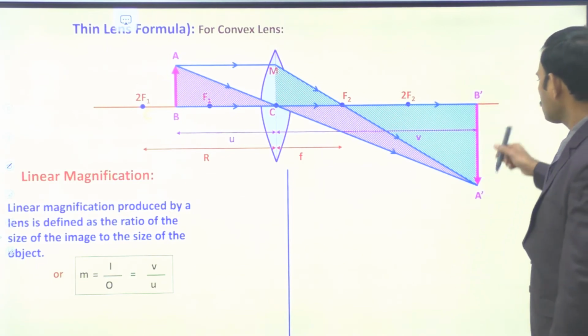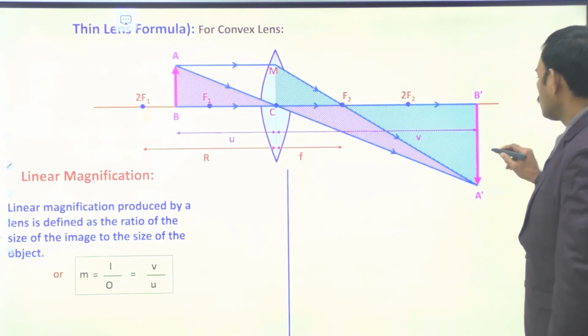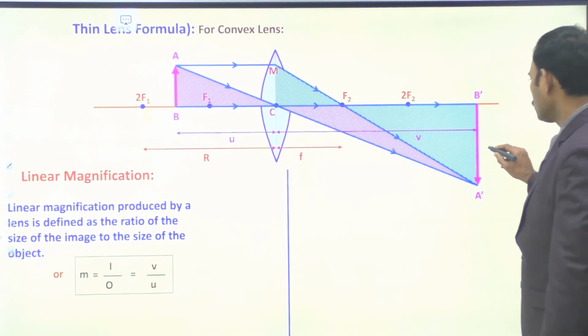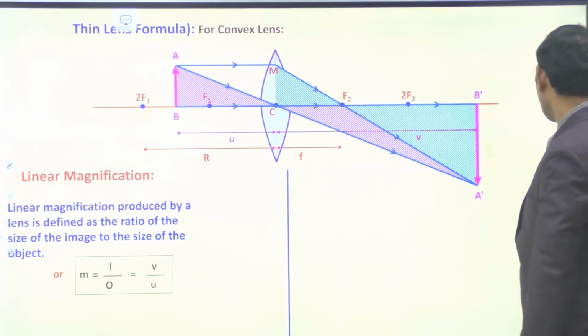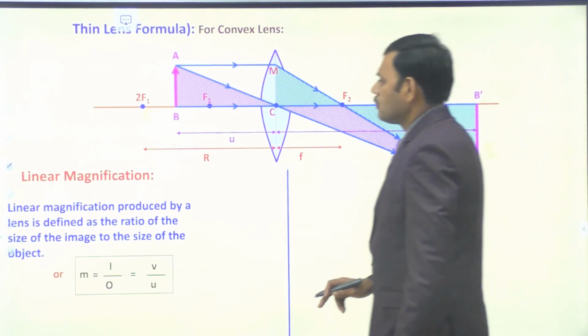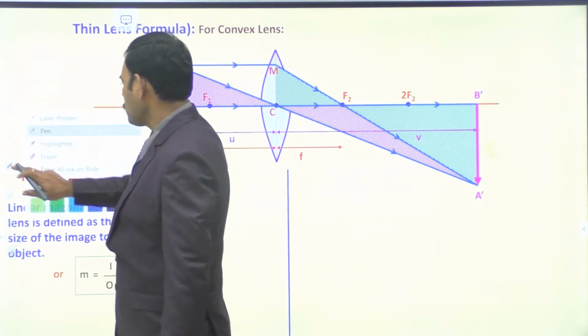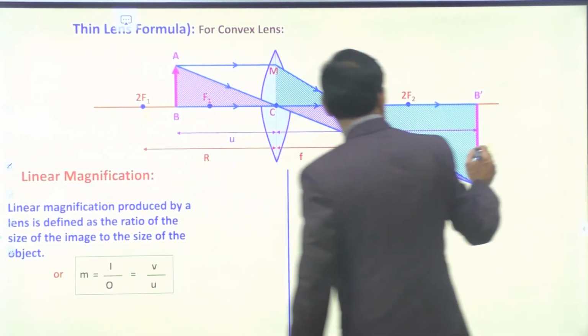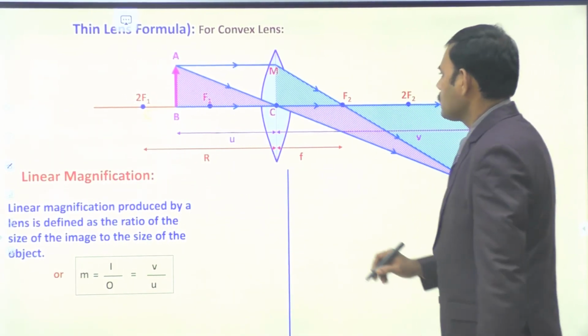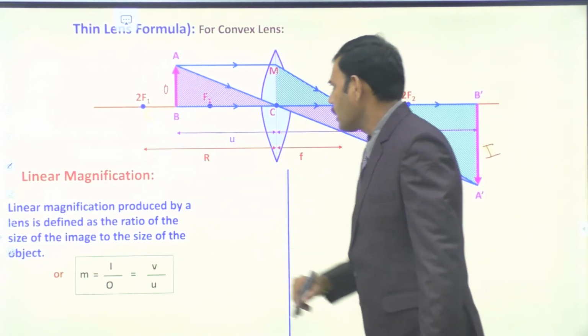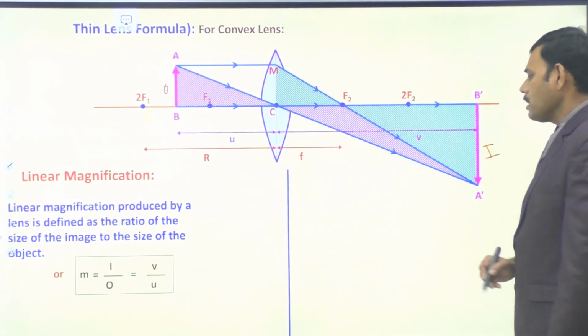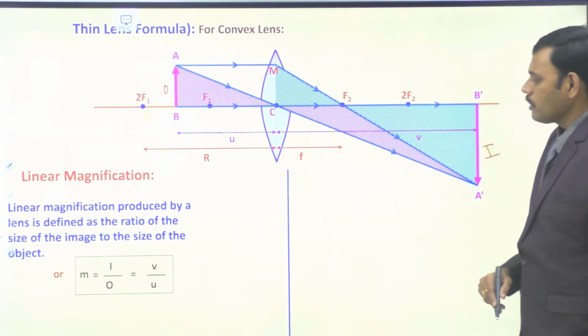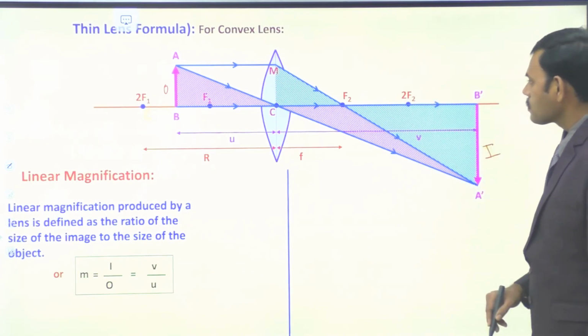So magnification is the size of the image, let the size of the image be I, and the size of the object be O. BA is O, B dash A dash is I. The ratio of the size of image to the size of object is magnification.